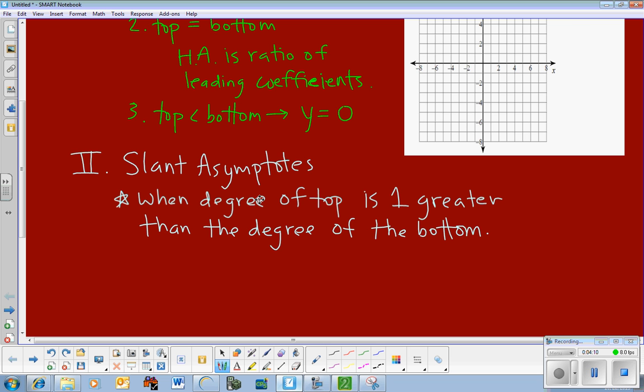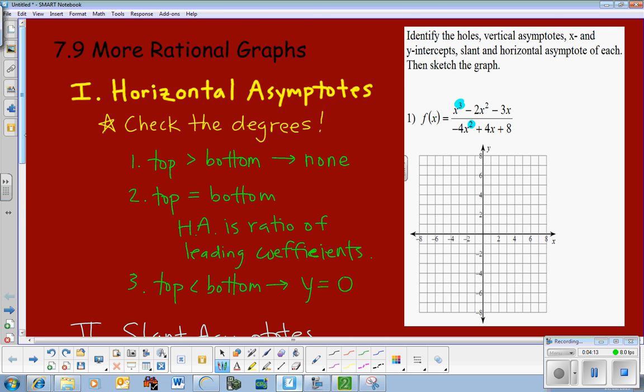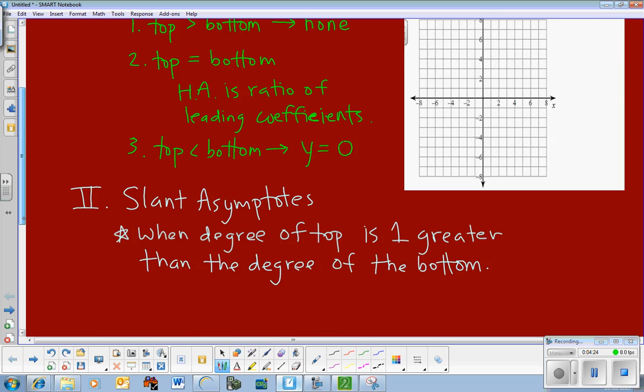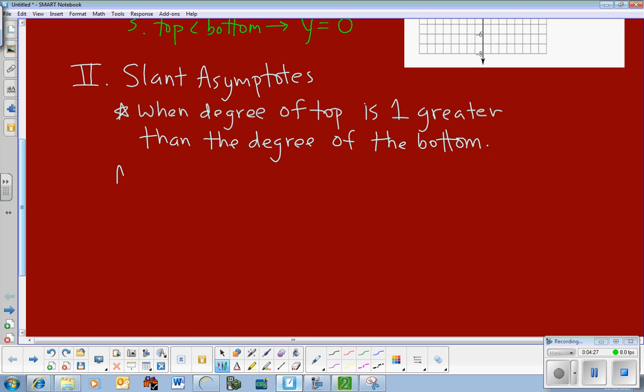So if you look at this equation, our degree on top is 3 and the bottom is 2, which means we do have a slant asymptote. So it would be nice to know what that line is. Where does that slant asymptote show up? And here's how you find it. Basically what we're going to do is long division and we are going to ignore any remainders.